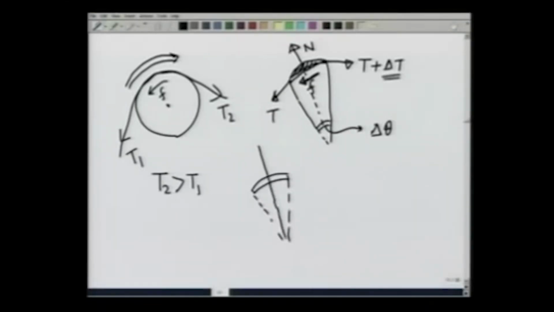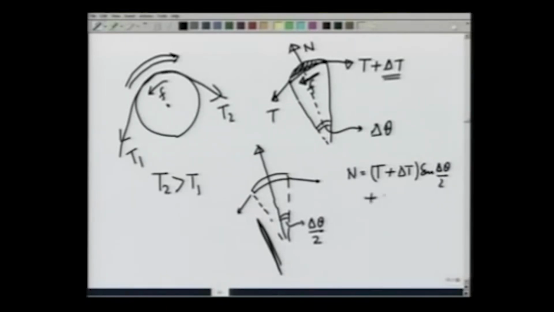Let us draw this line through the center of this section. This will then be delta theta divided by 2. Since the force in this direction would be balanced, that will give me N is equal to T plus delta T sine of delta theta by 2 plus T sine of delta theta by 2, and keeping only the first order term, I get N to be T delta theta.